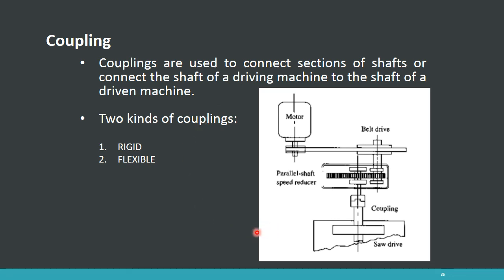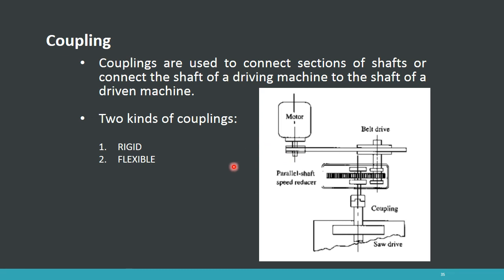And in between, we have the intermediate components. In the intermediate component, we have the belt drive, the gearbox, and the coupling.